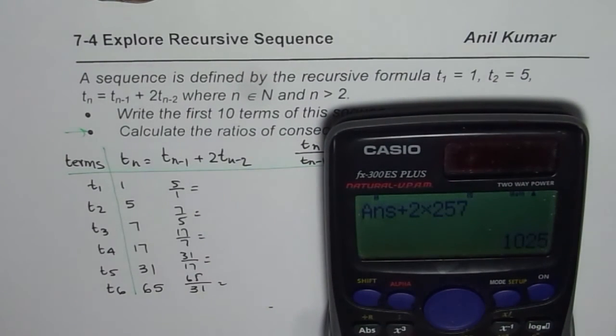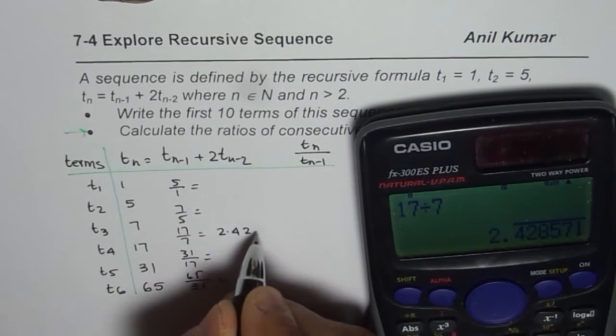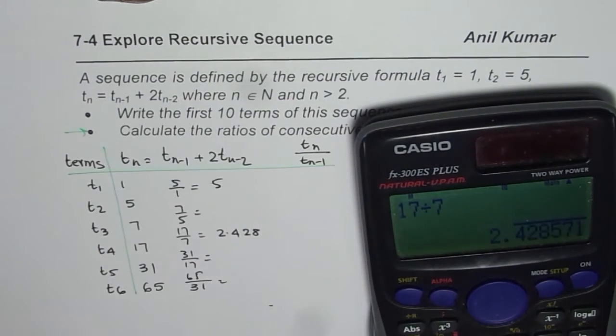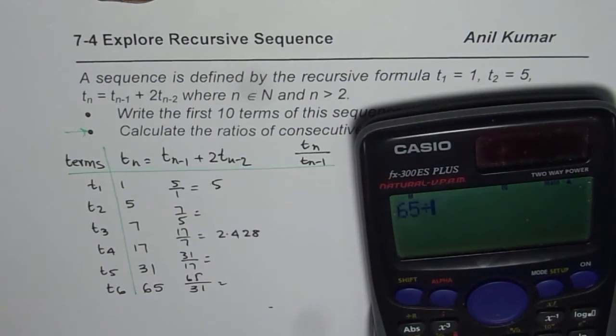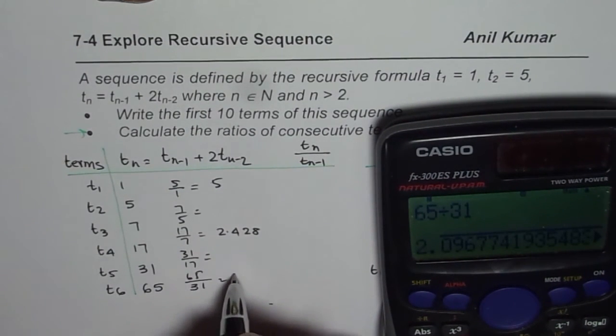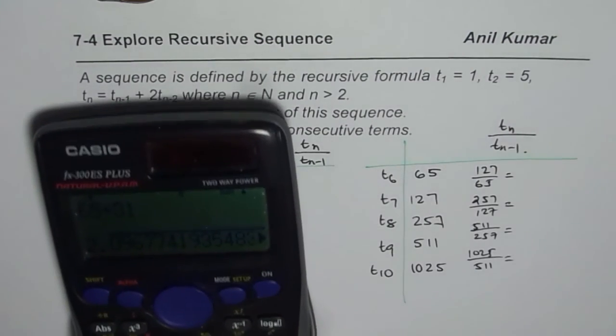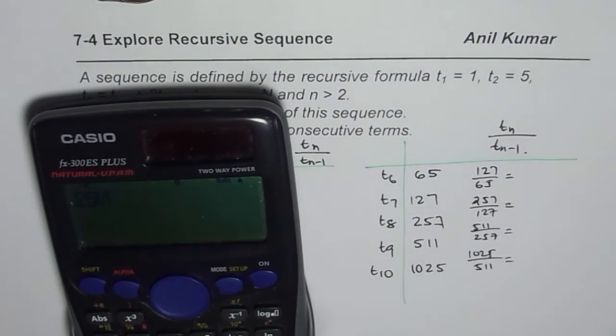So I will do 17 divided by 7 equals, in decimals, 2.428. And of course this is 5 for us. Then we'll do 65 divided by 31 equals, in decimals, 2.0967. Okay, we'll do some of them here. 257 divided by 127.